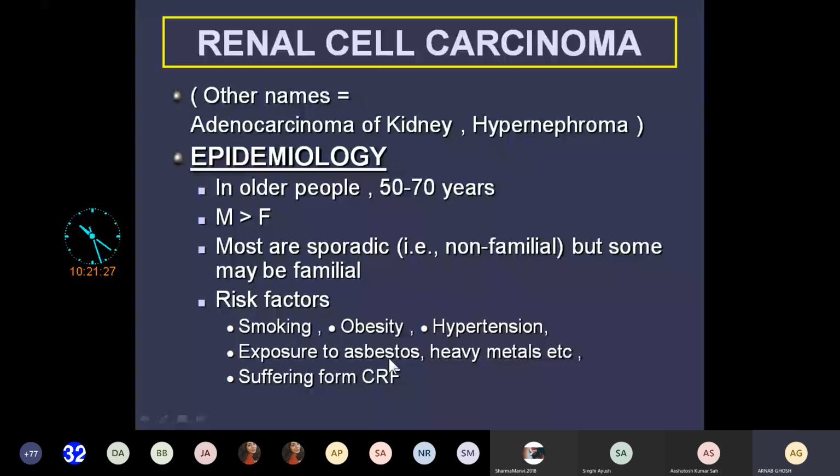Interestingly, smoking and exposure to asbestos are also seen in lung carcinoma, and they are seen in renal cell carcinoma as well, because when a person inhales the asbestos, all these excretory products pass through urine, and the kidney is exposed, and that's why the kidney gets injured by these toxic products.